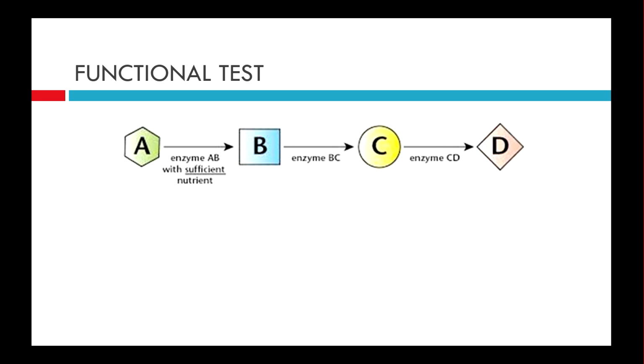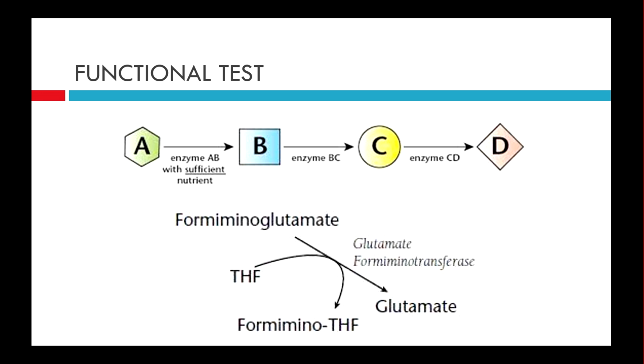Now, just to differentiate us, we're always being confused with functional medicine. We're not; we don't deal with illness. But let me tell you what a functional test is. For example, if substrate A needs an enzyme to get converted to substrate B, and then to C and then to D, then you need a sufficient nutrient to get from A to B. You can easily measure that if A rises, like in the case of vitamin B9, tetrahydrofolic acid.